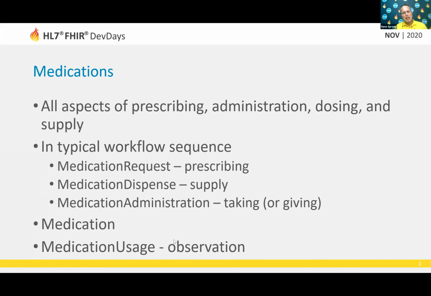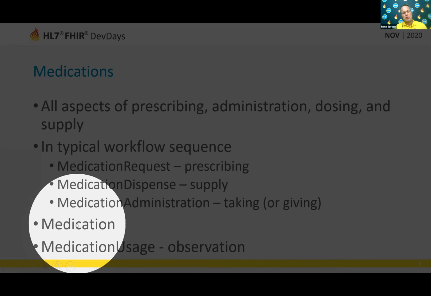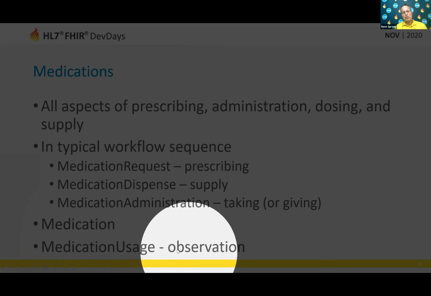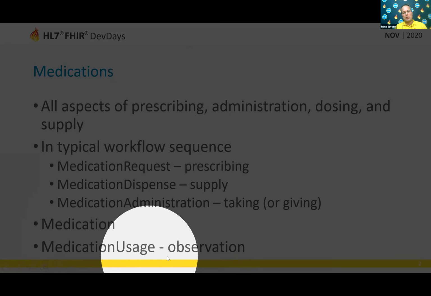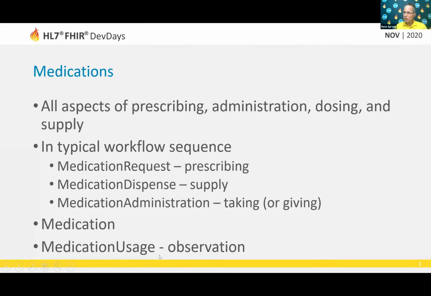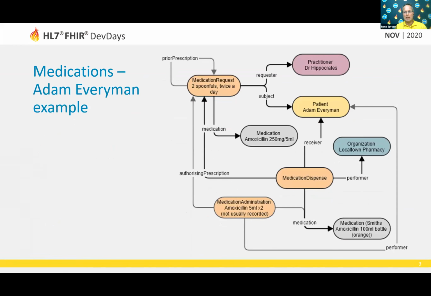Then we have the medication resource itself, and that captures the details of the medication, the actual thing that we are administering, and medication usage, which we will see later on. That is, for example, used if a patient self-reports on the medications that they are currently taking.